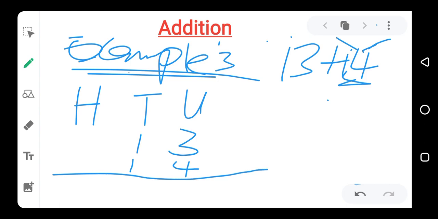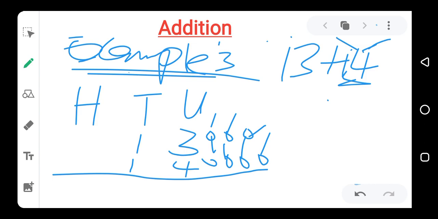Now we add 3 and 4. This gives us what? Now we add the two of them together. 1, 2, 3, 4, 5, 6, 7. So 3 and 4 is equal to 7.